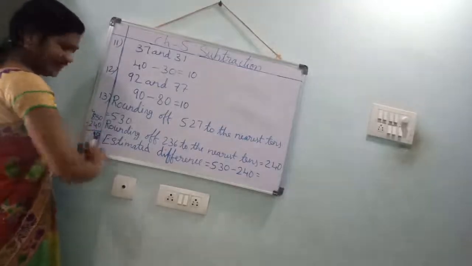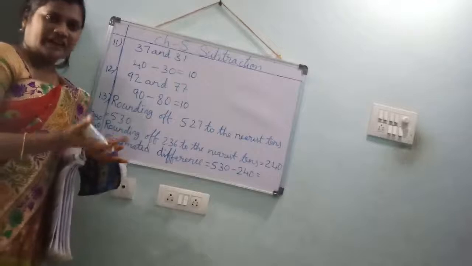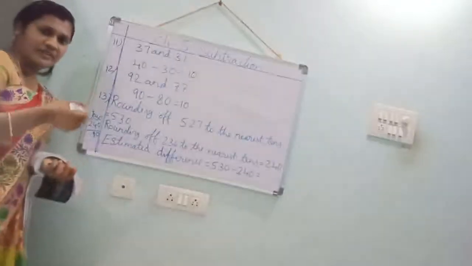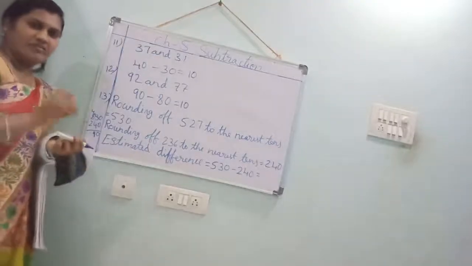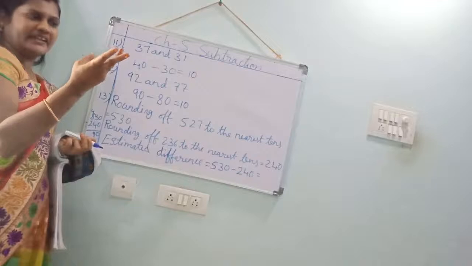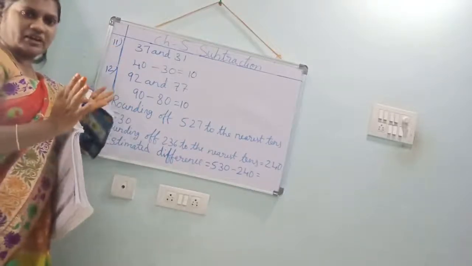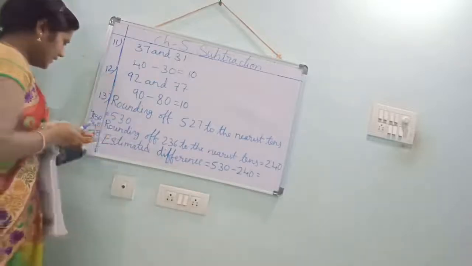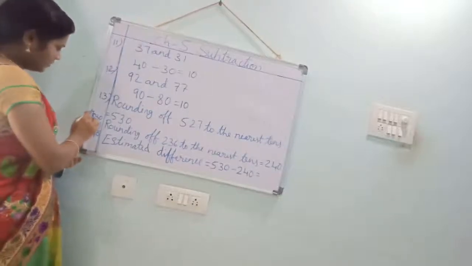Understood, children? What I did? I didn't take any 13 fingers here. I counted after 4. I counted 4 after 5, 6, 7, 8, 9, 10, 11, 12, 13. Up to 13 I counted. How many fingers came now? 9 fingers. That 9 I wrote here. Understood, children? Next.